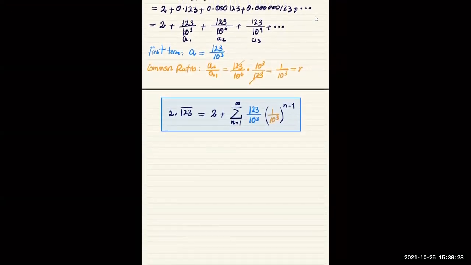As I said, every number, rational or irrational, has a power series representation. For instance, e is the summation of 1 over n factorial, where n goes from 0 to infinity. We're going to learn that later. If you don't know what factorials are, that's okay. Pi has a lot of different series representations.